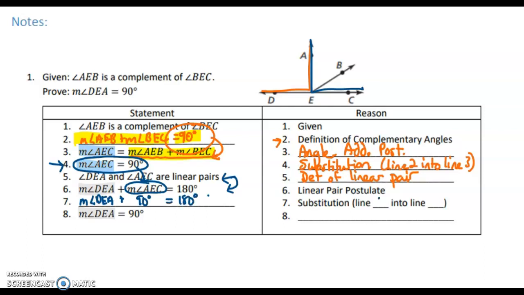So that was taking line 4 and substituting it into line 6. So now, how do you think that they have DEA and they get it to equal 90? Somehow, how do you think they're going to move this plus 90 degrees? All right, so they're going to subtract it. So if you subtract 90 from both sides, you're going to end up with DEA equals 90 degrees. So that's the subtraction property of equality.